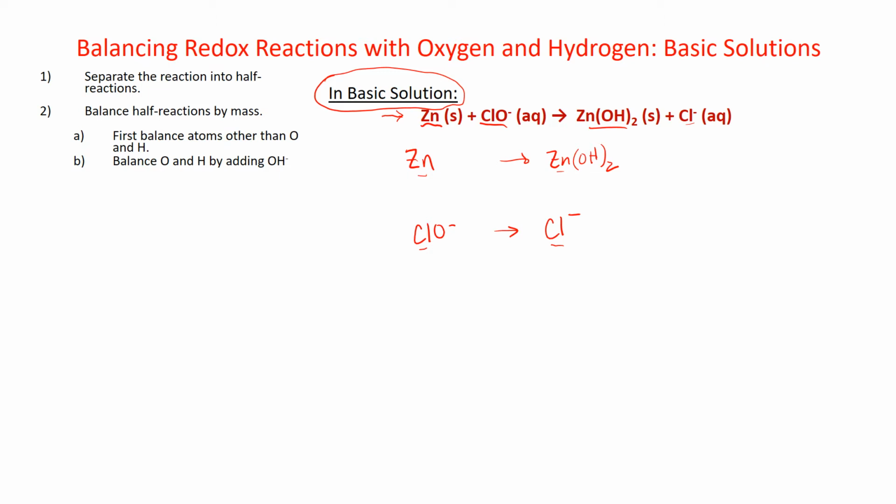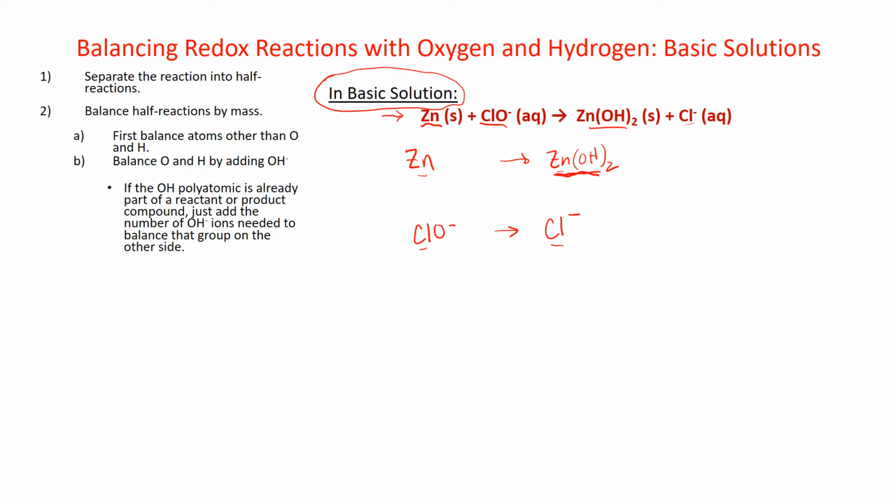So first of all, if you look at your reactant and product formulas and you recognize that one of them actually contains hydroxide as part of its formula, well, you can very simply balance that hydroxide just by adding more of it to the side that needs it.